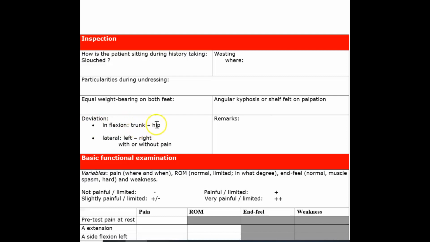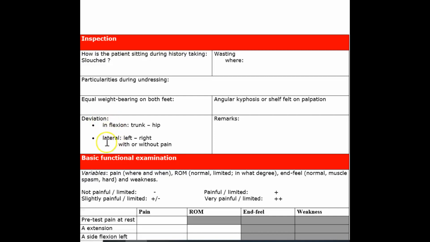Not from the hip. If you see a flexion deviation coming from the hip, then this is rather a yellow flag. But mostly you see a flexion deviation coming from the spine, and in that case the chance is pretty big that the patient has a big, nice lumbar internal derangement.